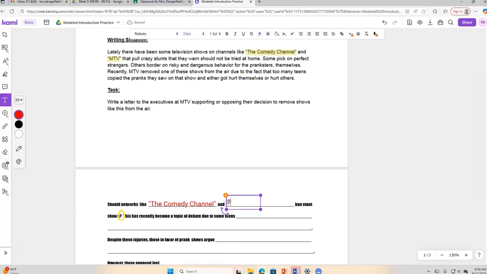Again, if I put anything on my copy, you need to make sure you are adding it to your copy as well. So that takes care of the hook for us. We started with a question hook. Should networks like the Comedy Channel and MTV ban stunt shows?